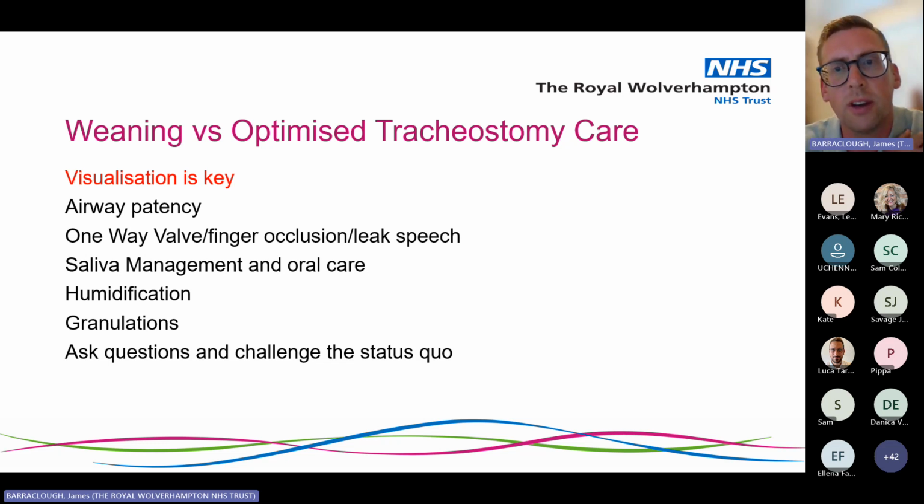Our experience in the community patients is that many patients aren't weanable, or certainly able to be decannulated because of their saliva management. I think in the past there's been a slightly wrong, for want of a better word, assumption that especially cuff tubes and larger tubes help to prevent aspiration, and as has been said before, this is clearly not the case.